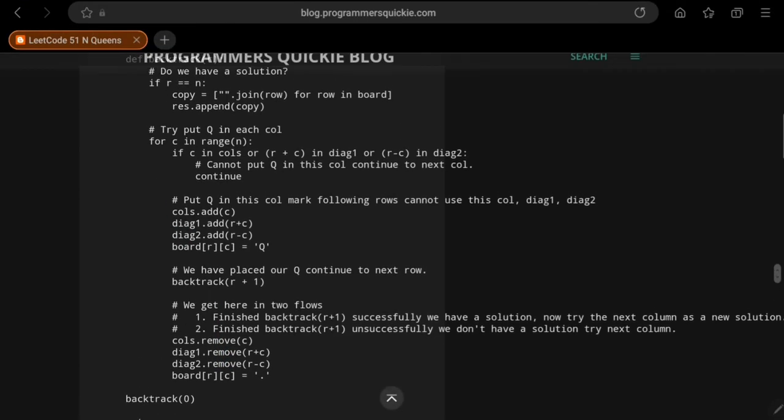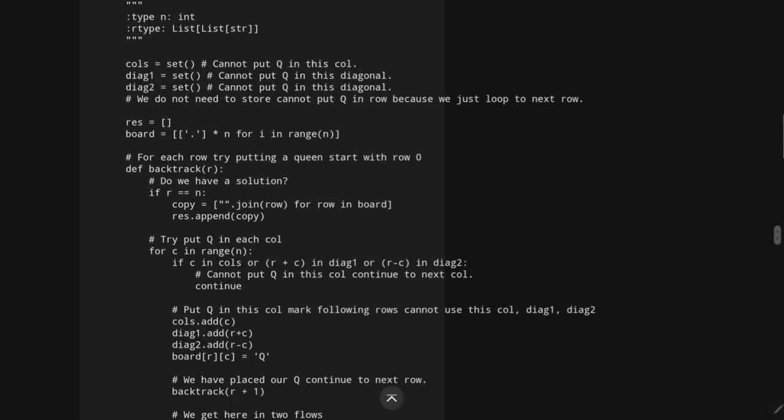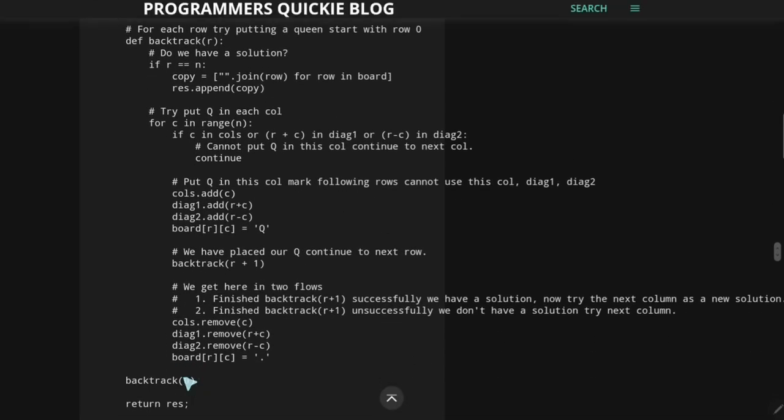So basically the structure is this. Start from row number 0. If we have a solution, just add it to the result and continue. If we don't have a solution yet, we didn't reach the last row, then go over each column and try to put a queen, successfully put a queen, mark it in the state, continue to the next row.